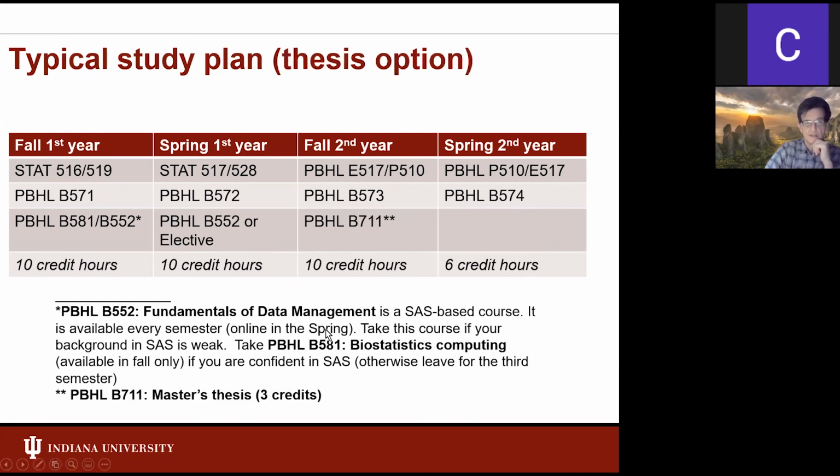What else? If you do a thesis option, you can take B711 in your last semester, which is a 3 credit hour thesis. We discourage that for many reasons.